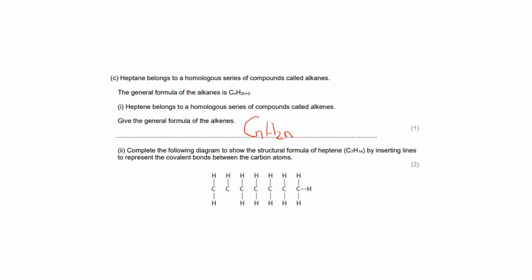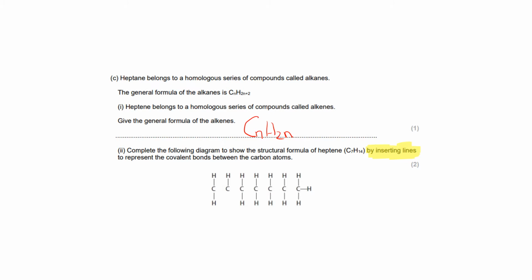Part ii says, complete the following diagram to show the structural formula of heptene by inserting lines to represent the covalent bonds between the carbon atoms. Okay, now I think an important bit here is the question says by inserting lines, not adding in any other atoms.